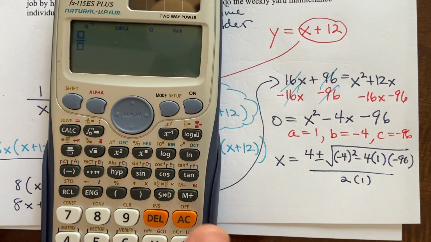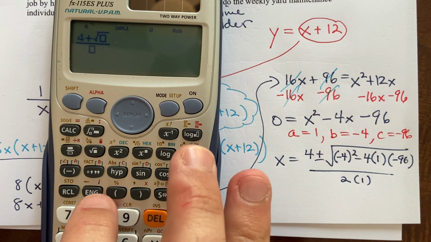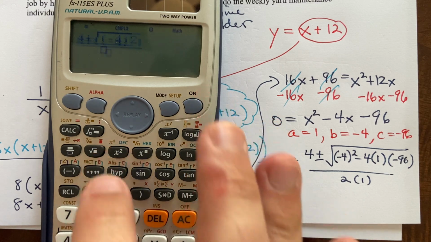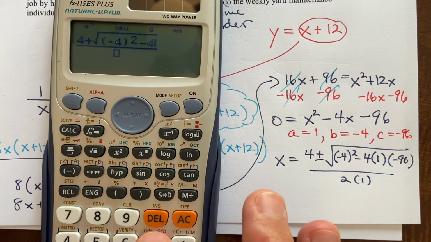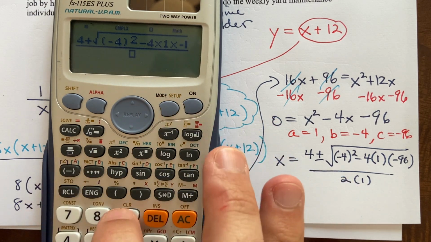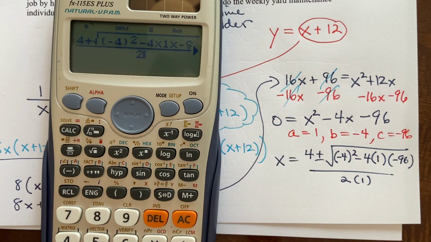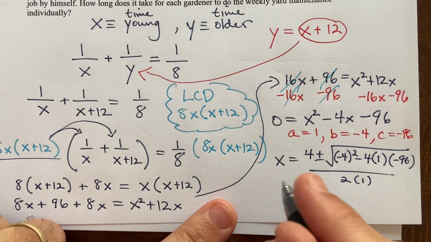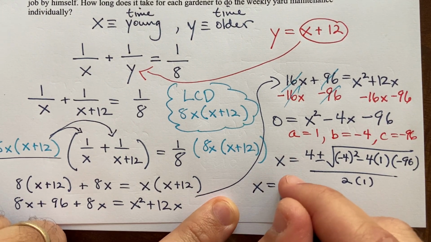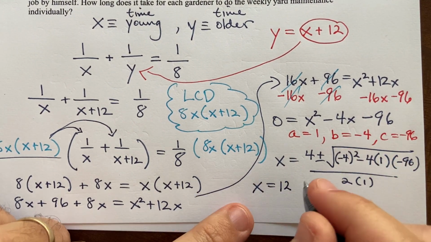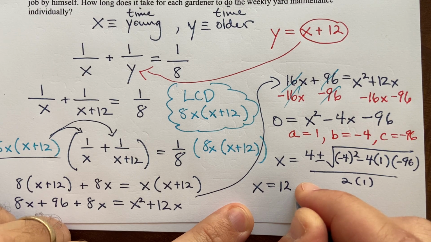So fraction 4 plus root. So this will be negative 4 squared minus 4 times 1 times negative 96 over 2. So it looks like I get a 12 for the plus case. And that would be a number of minutes.